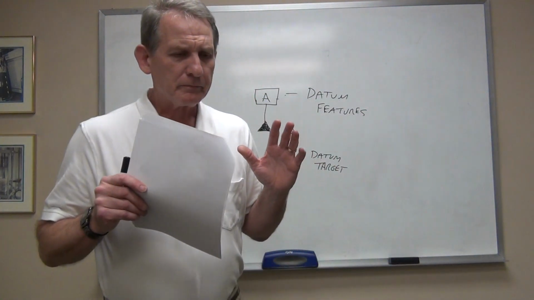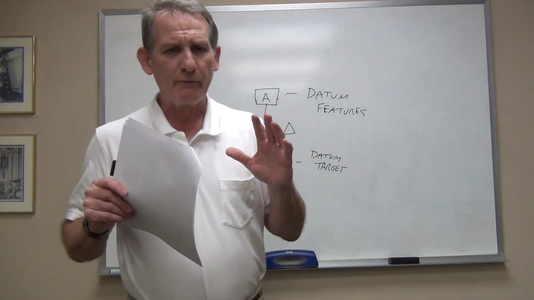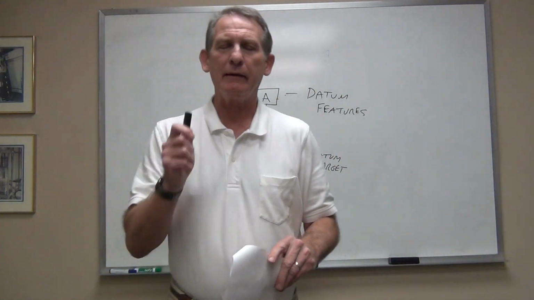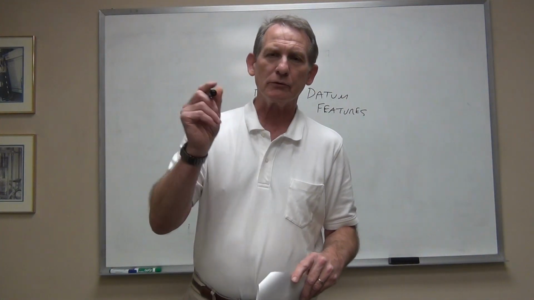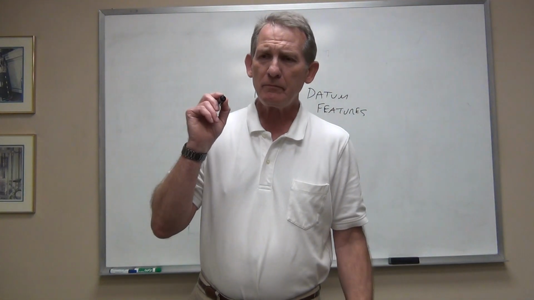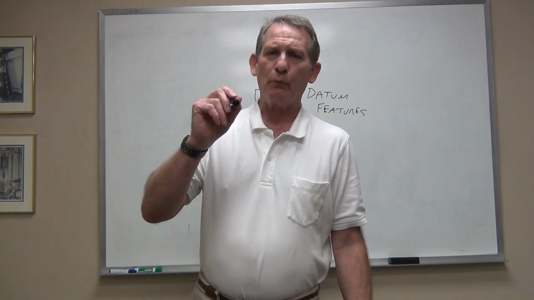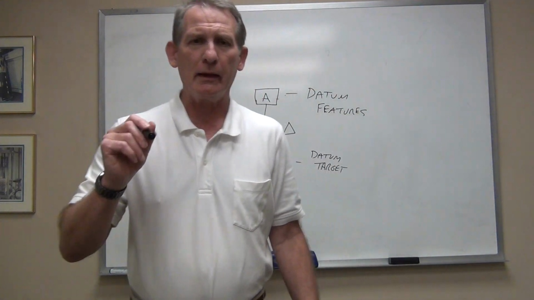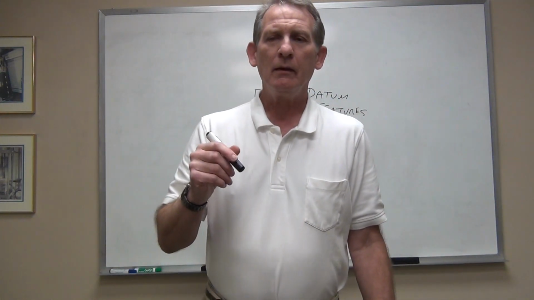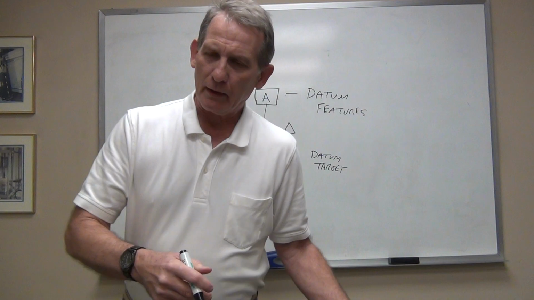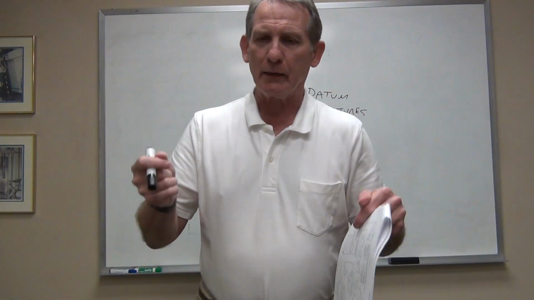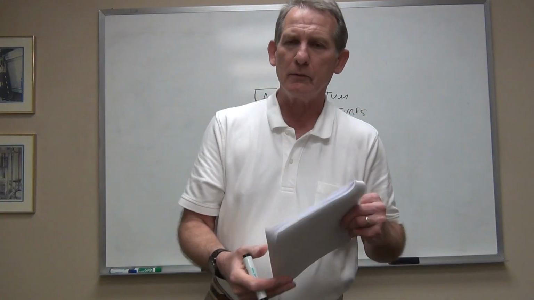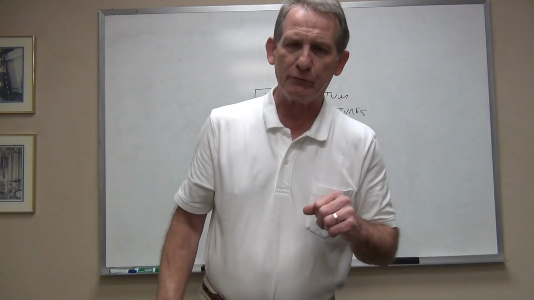So we have a technique using a datum target where we can temporarily identify locations by measurement. Usually we are going to set up on those points and take measurements from. That's well and good when the part is sitting up on a jig or a fixture with those points on that fixture.